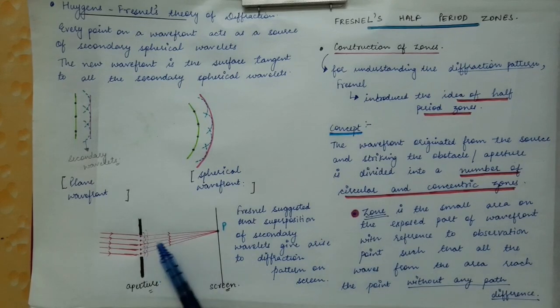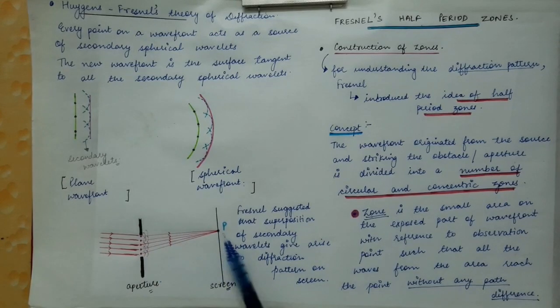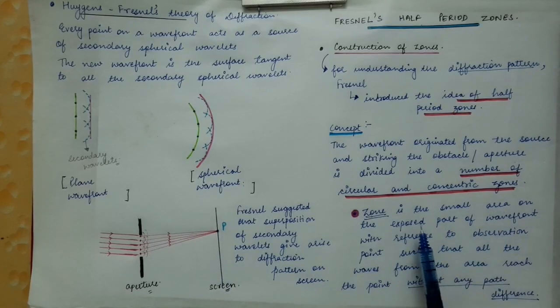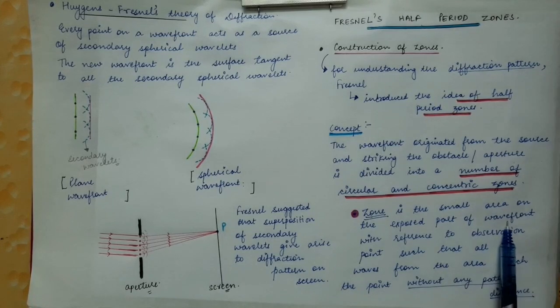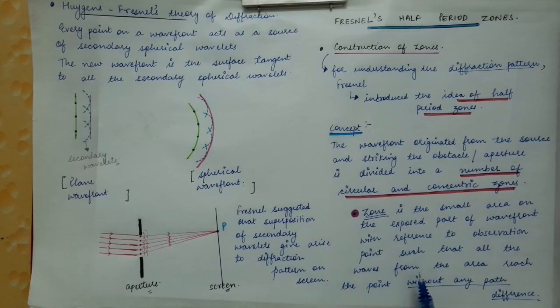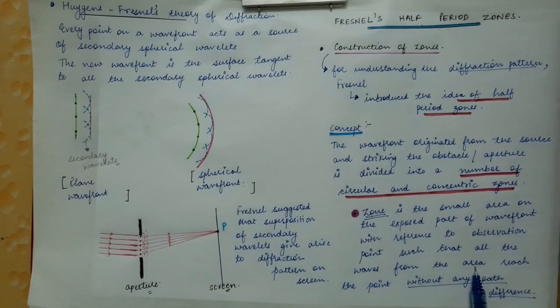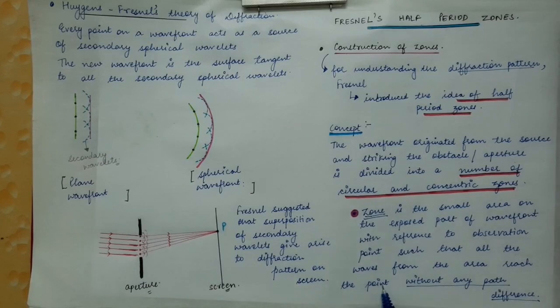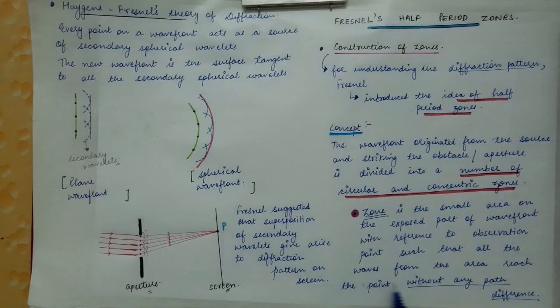So there is an observation point on the screen. With reference to that point, there are small areas which can be constructed on the exposed part of the wavefront, such that all the waves from that area reach the observation point without any path difference.